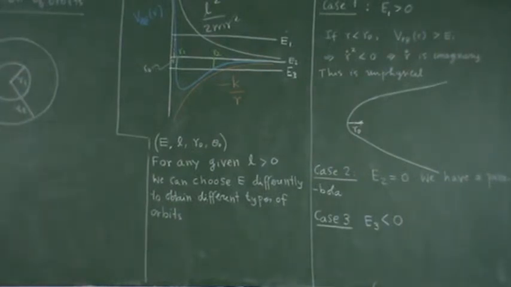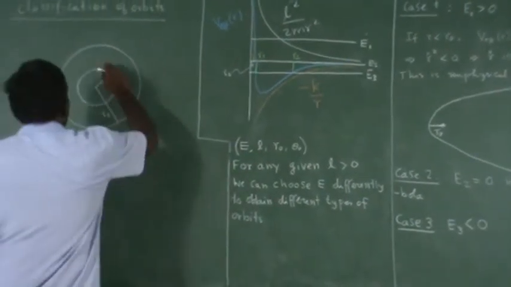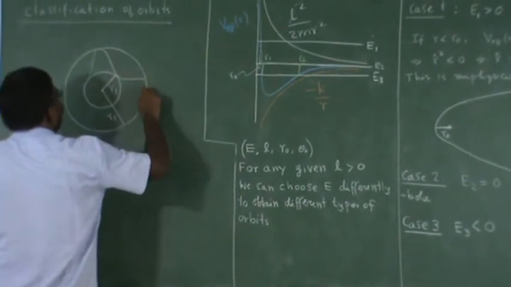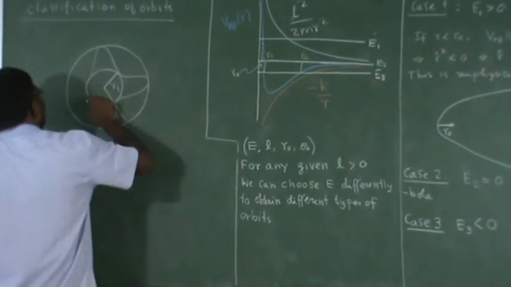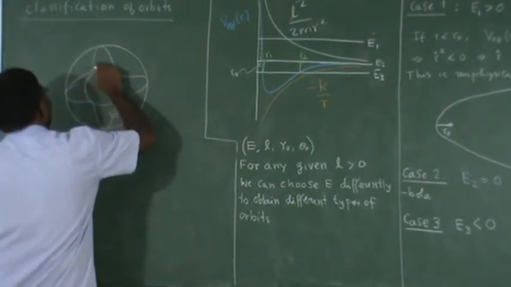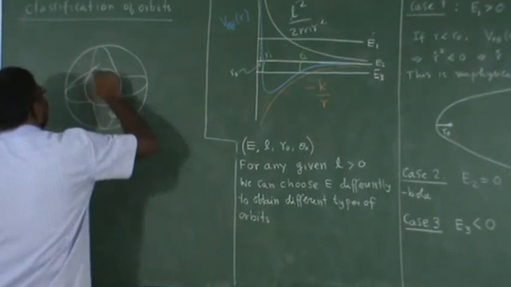Correct? It can be any type of motion, but it is bounded. Okay, so you can have a motion like this. Like this. Okay, it can go like this.